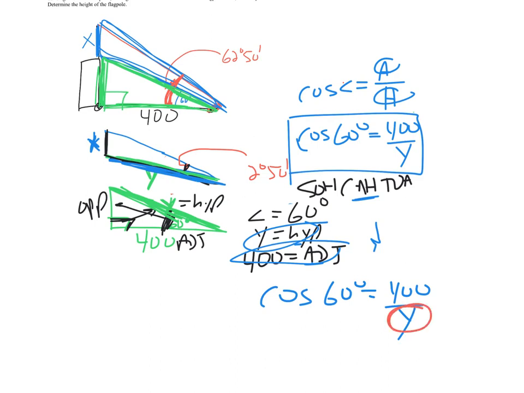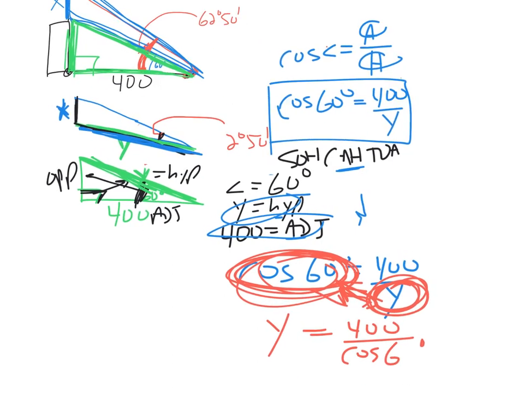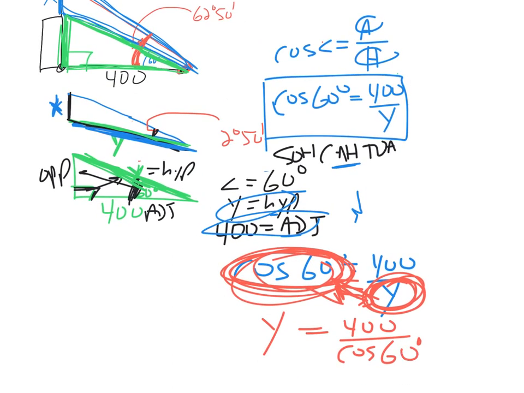Here, since the y is in the denominator, I'm going to use switcheroo. I'm going to bring the y to the top left, and bring the cosine of 60 down to the bottom. So I have y equals 400 divided by the cosine of 60.